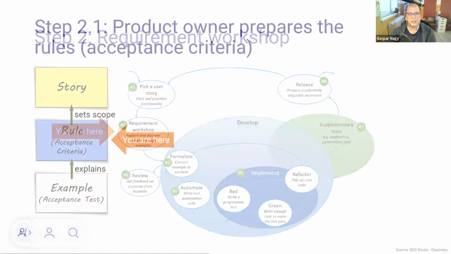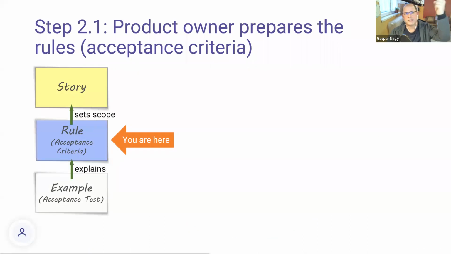To do it in a BDD style, you remember that we wanted to build up this structure of stories, rules, and examples. At the end, what we would like to have from this discovery session is examples. But we said that to be able to find examples, first we need to fix the rules. We don't have the rules yet. So maybe this is something that the product owner should be prepared for.